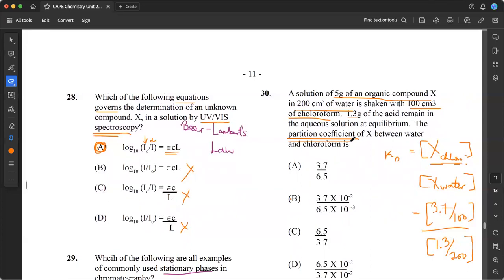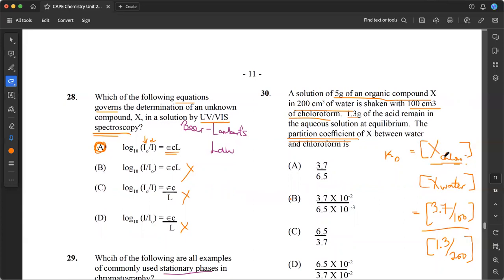So this is a solvent extraction situation where some of the components are going to go into the aqueous phase, as they're telling us here, and some are going to go into the organic phase. And so the partition coefficient, we can say, is the concentration of X in the chloroform phase, which is our organic phase, over the concentration of X in our aqueous phase, which is water, right?